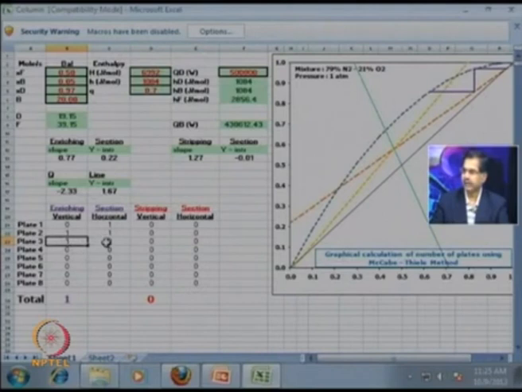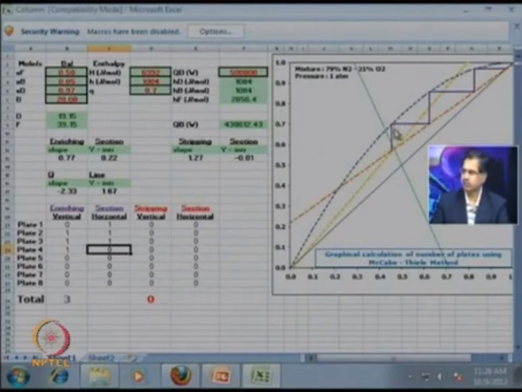Now, I go down again, and here you can say that I have crossed the enriching section, and you can see that the verticals are 1, 2 and 3, which represent the number of plates in the enriching section, because this is the point where my stripping section starts and we have crossed this point.